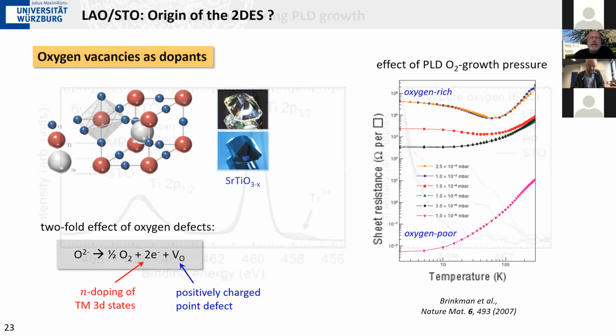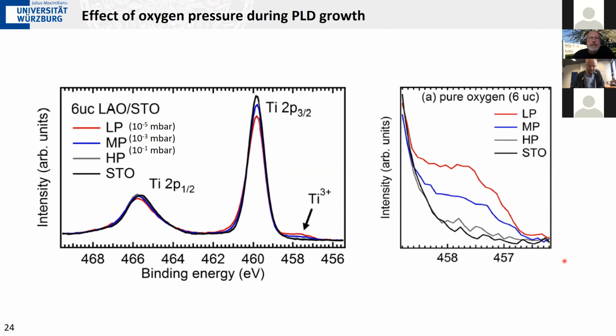Okay, but can we see this in experiment, in photoemission? And of course we can see it. This is again the 2p core level, where we have seen this trivalent satellite in LAO-STO. And if we look at LAO-STO samples that have been grown with different amounts of oxygen pressure during growth, high oxygen pressure means 10 to the minus 1 millibar, low pressure means 10 to the minus 5 millibar.